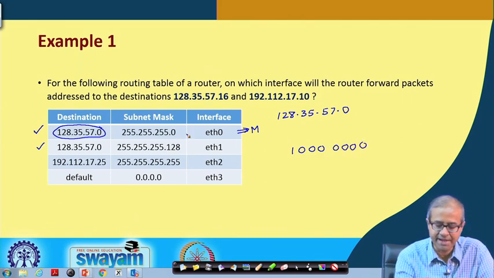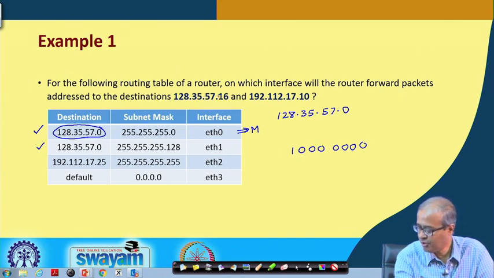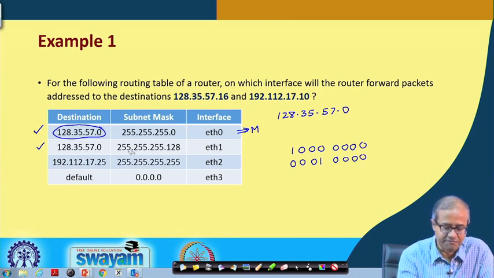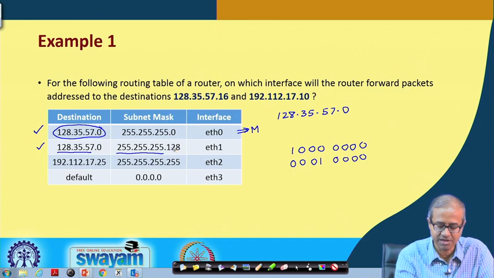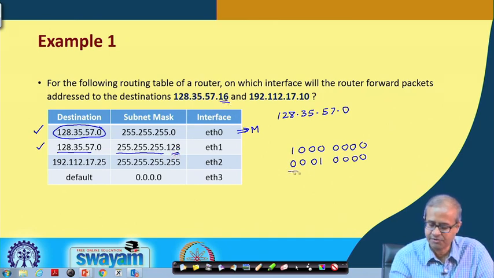Now, this will be ANDed with the last byte, which is 16. 16 is 0001 0000. The first 3 will be the same: if we AND with 255, 255, 255, it will be 128, 35, 57. But the last one, the 16, will get ANDed with 128. If you do bit by bit ANDing, you see all are zeros.